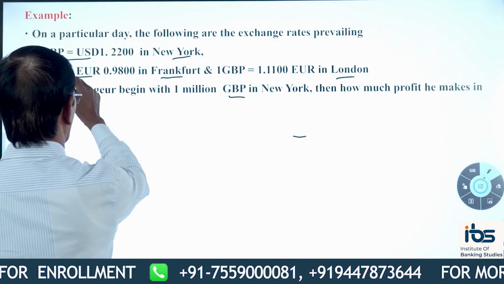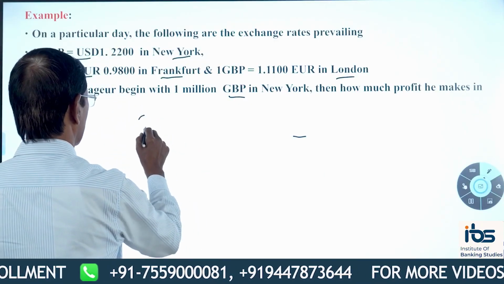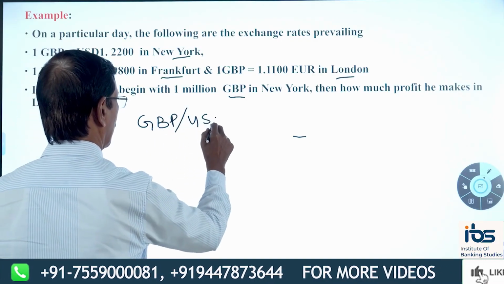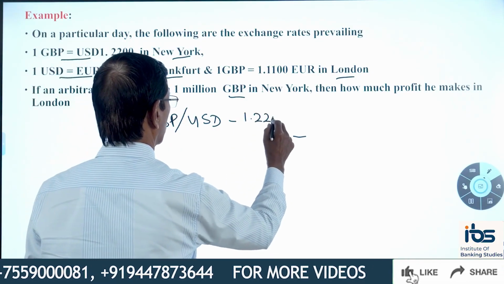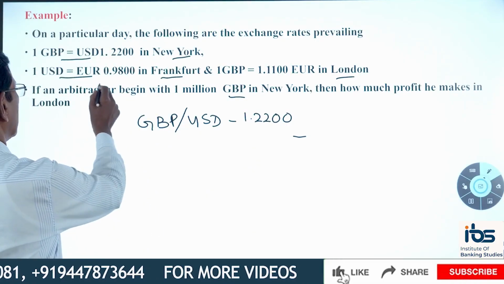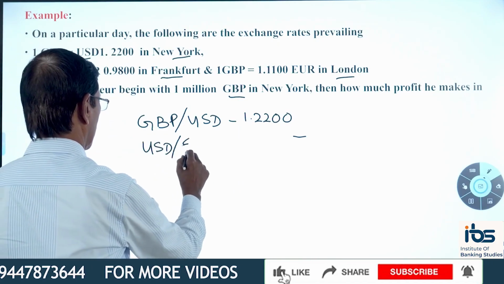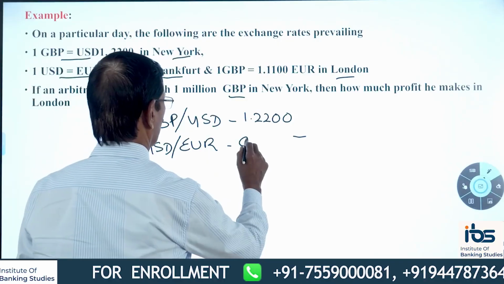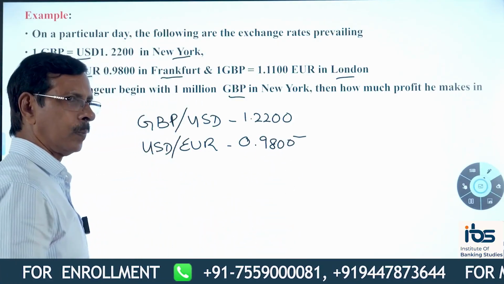The first rate, 1 GBP is equal to USD 1.22, means I can write the rate like this: GBP/USD is equal to 1.2200. And the second, USD/Euro is equal to 0.9800.